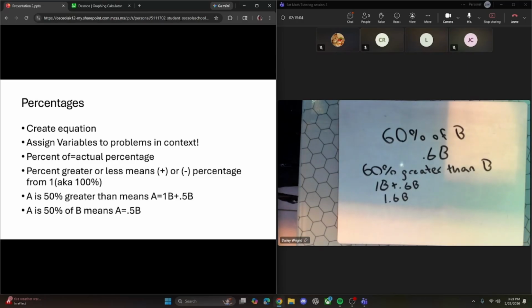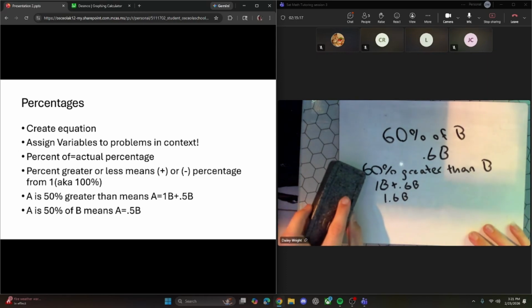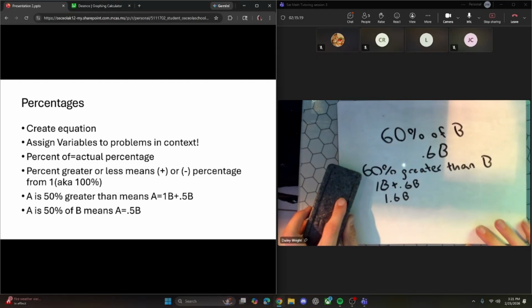Once you start understanding how these percentages work, you don't have to do this 1B plus 0.6B step. You can automatically know 60% greater than B will be 1.6B. You're just adding 1 to whatever you convert this into a proportion.